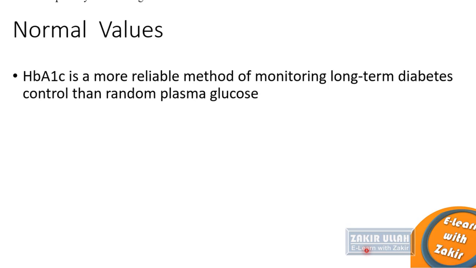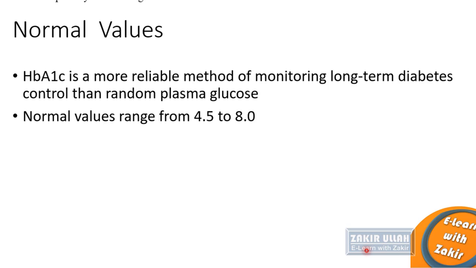And if we perform HbA1c, it gives us the average results of the previous 3 months. So we can get the average diet control, the average glucose control, the average diabetes control of the patient for the previous 3 months. So HbA1c is more reliable than the random plasma glucose level.